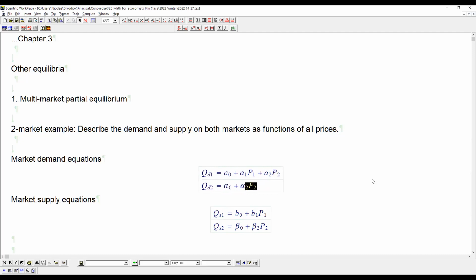And that's why I wanted to write alpha 1 like this. And then same thing could happen for the supply.